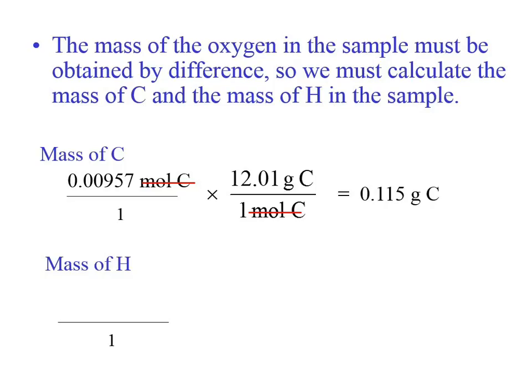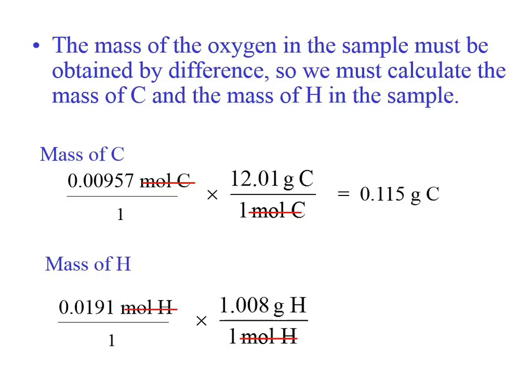And we do a very similar thing with hydrogen, piggybacking on the moles of hydrogen we had previously, 0.0191 moles of hydrogen over 1. We multiply that by 1.008 grams of hydrogen over 1 mole of hydrogen. Round it to 3 significant figures.